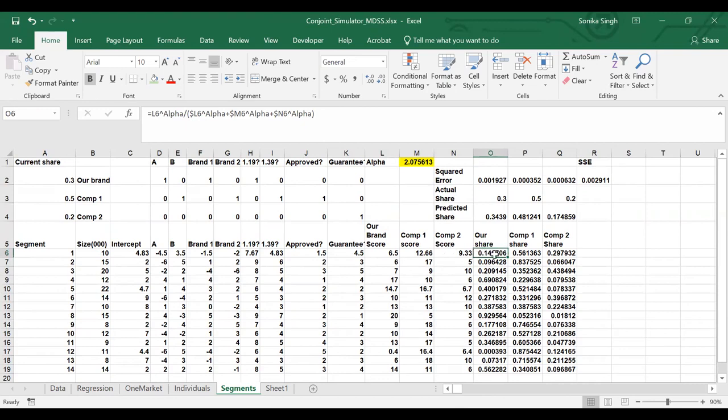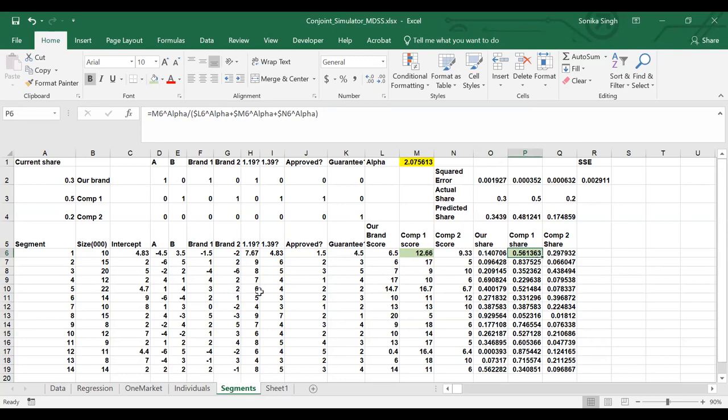For example, you have these three brand scores, and the probability of choosing this particular option is the highest. So how do you convert that into the share? The probability of choosing this particular option, I'll just highlight it for you, is equal to this 12.66 divided by all of the three combined, 6.5 plus 12.66 plus 2.33.